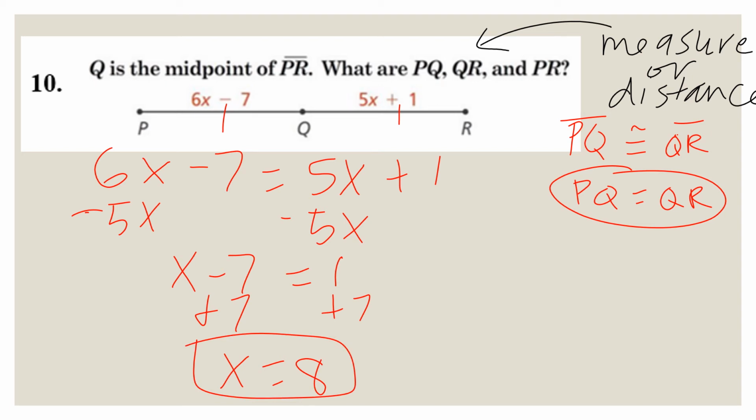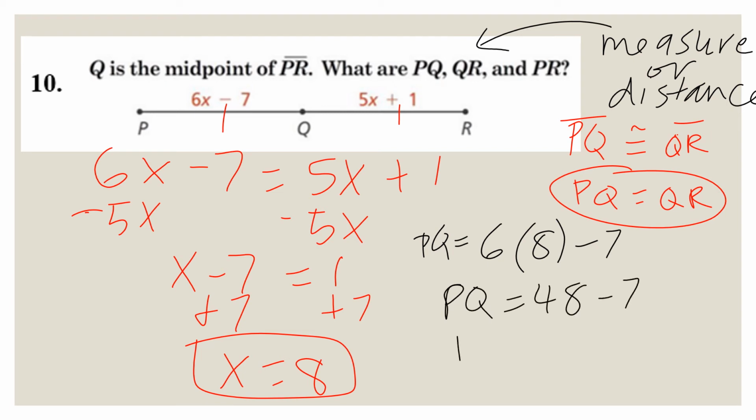So now that we found X, we can plug that in to find PQ, QR, and PR, okay? So here's the thing about this. If we know that PQ is equal to QR, we only have to plug in X one time, okay? So I'm going to plug it into PQ first. So PQ equals 6 times 8 minus 7. 6 times 8 is 48, and 48 minus 7 is 41.